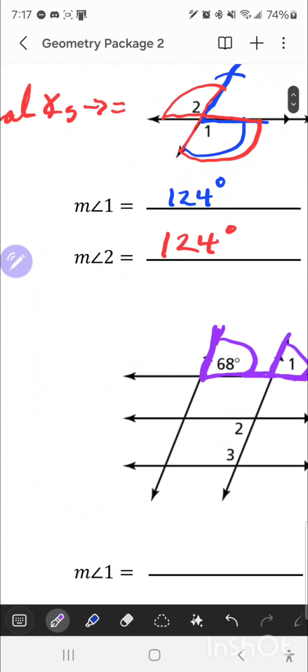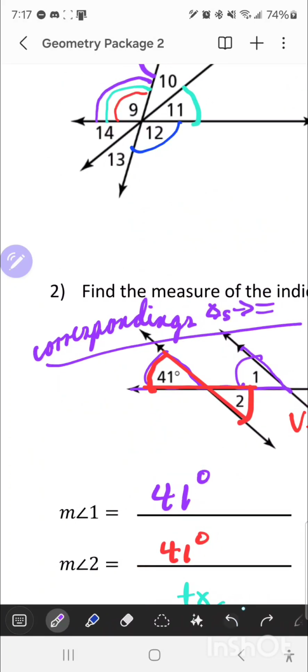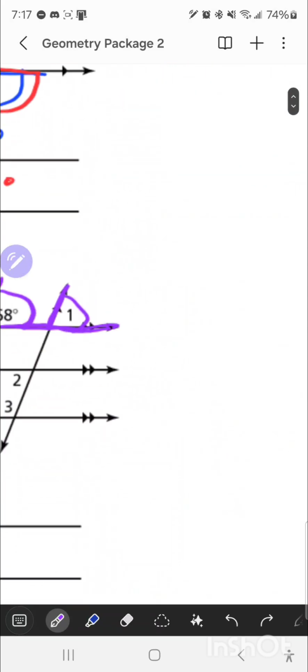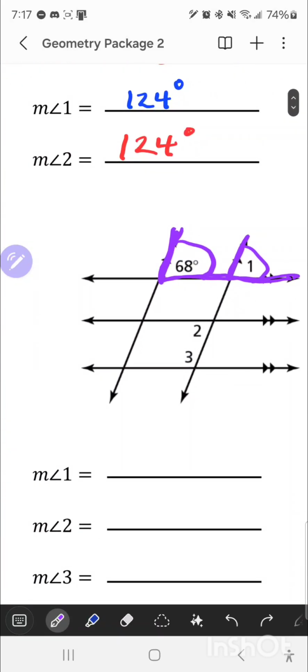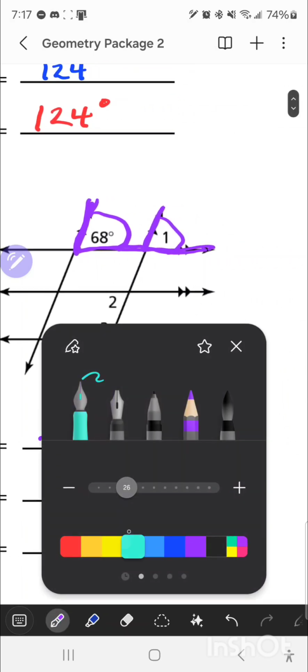Corresponding angles are always equal, and I put it here with the same color. So they form an F, and since they are equal, the measure of angle 1 is also 68 degrees.